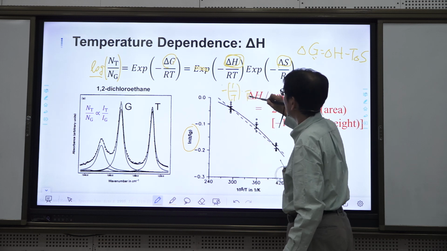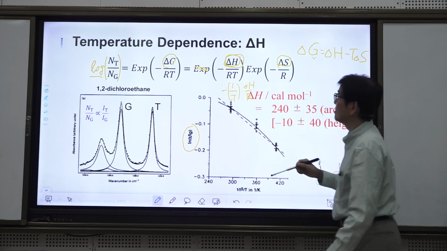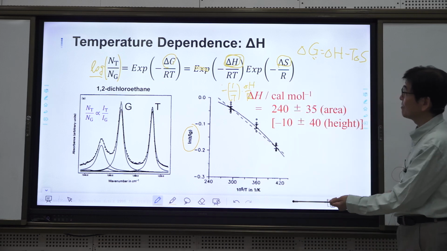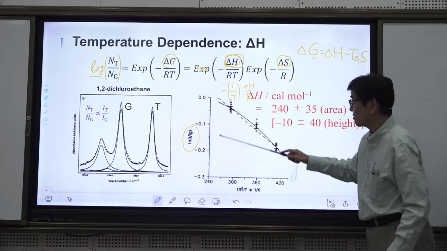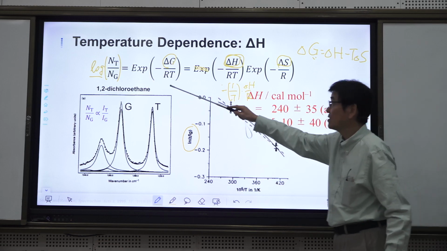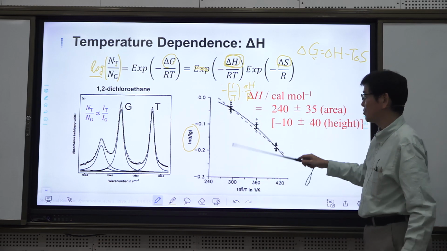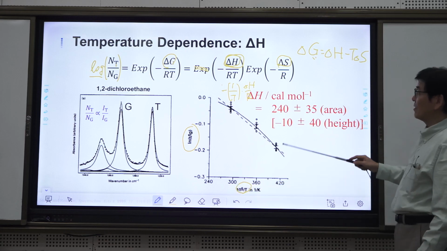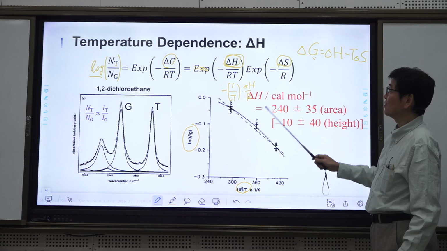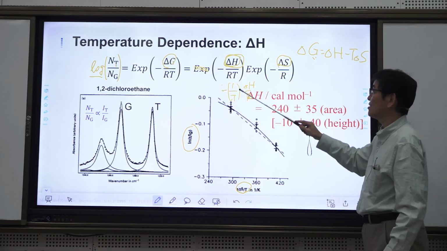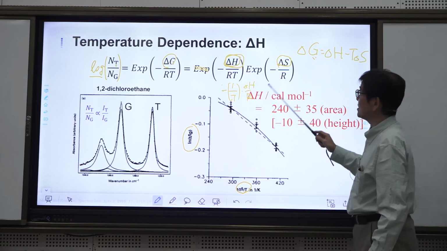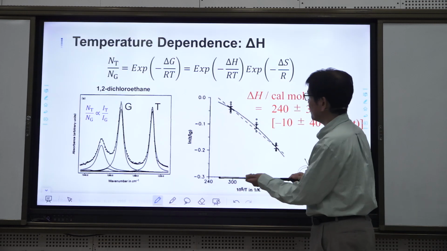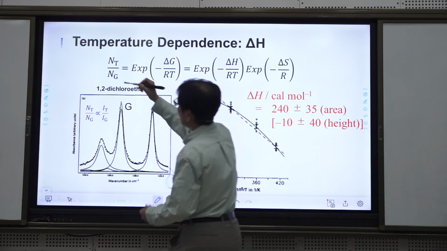So the ratio of Ng and Nt minus Ng is plotted against 1 over T. Then we should get some linear relationship with an intersection.